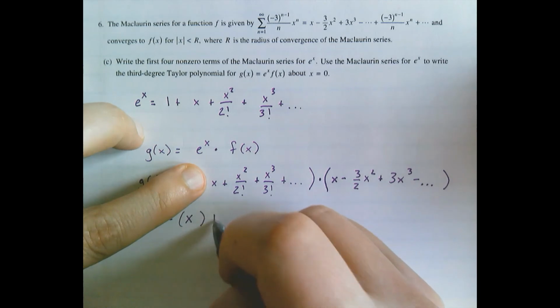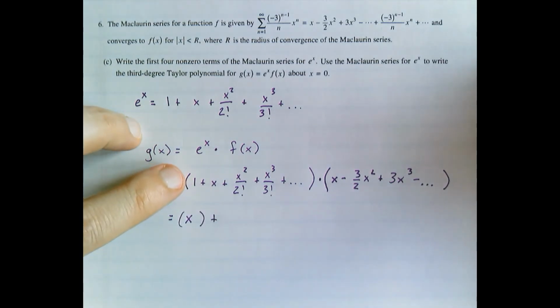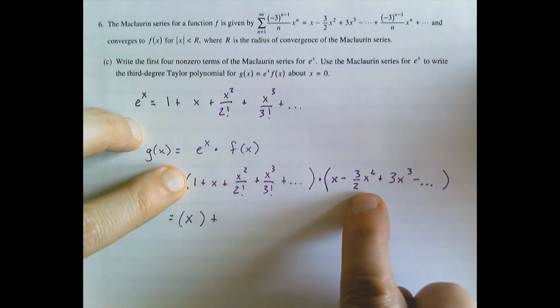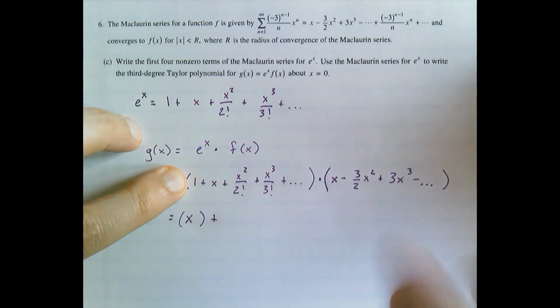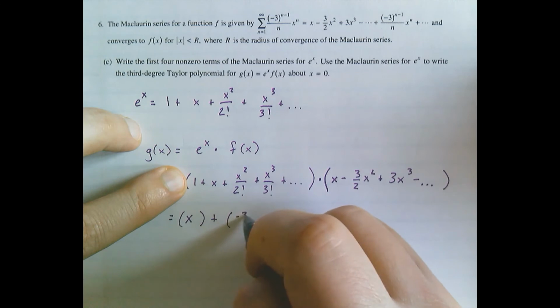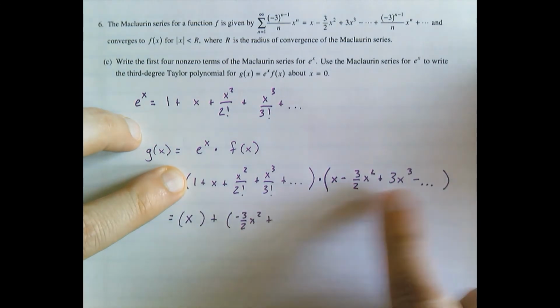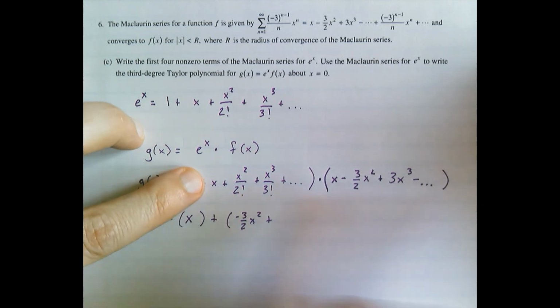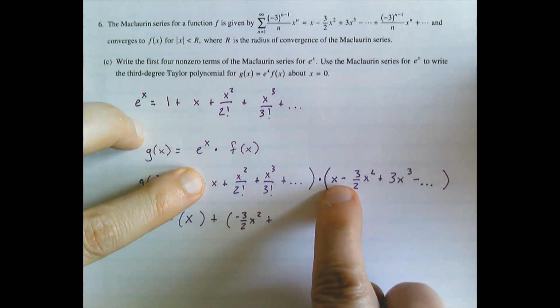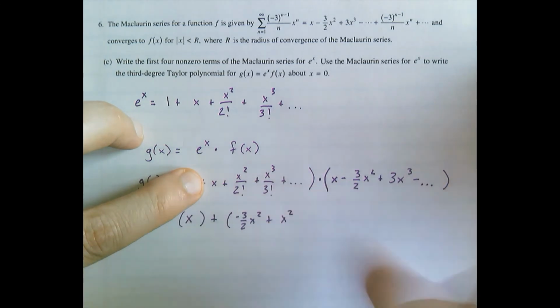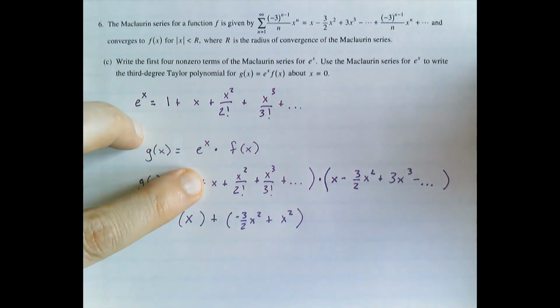To that, we're going to then add our second degree things. So 1 times negative 3 halves x squared. X times x, that's a second degree function, so x times x is x squared. So now we've got all the second degree pieces put together.